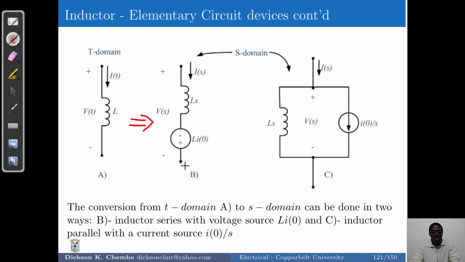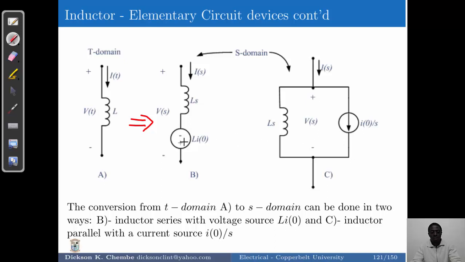In certain cases, it will be easier to choose the inductor in series with a voltage source, for example if you're using the mesh current method or nodal analysis. You can adopt whichever pattern is easier to follow.